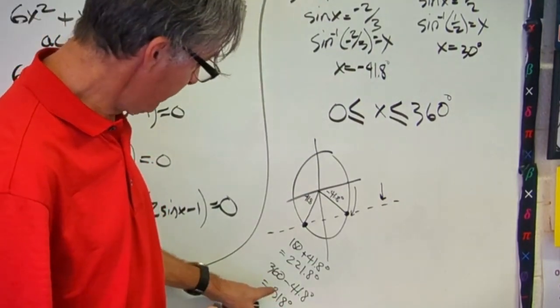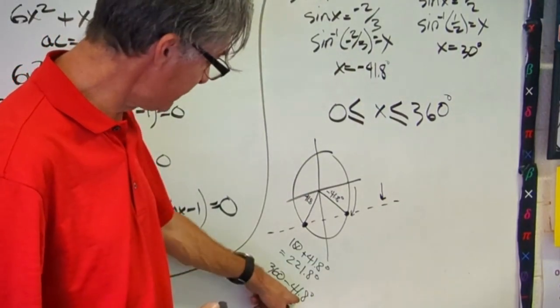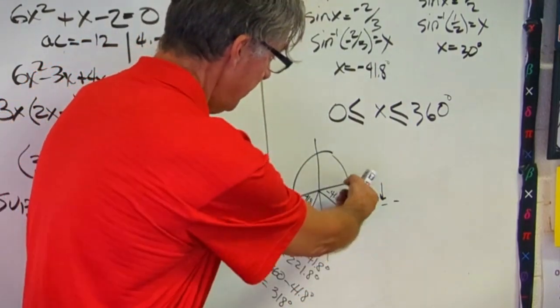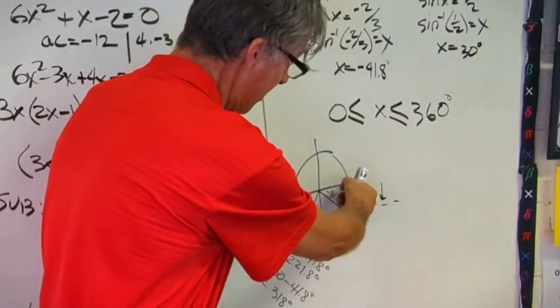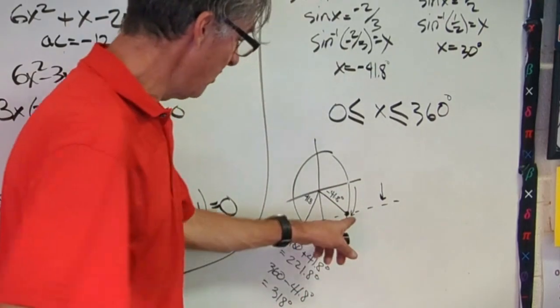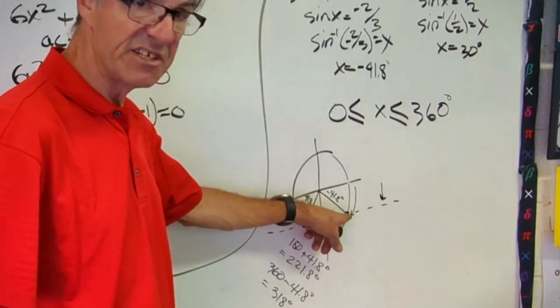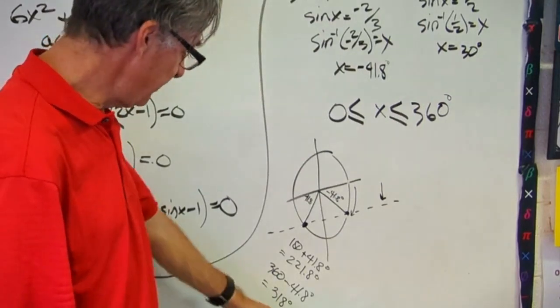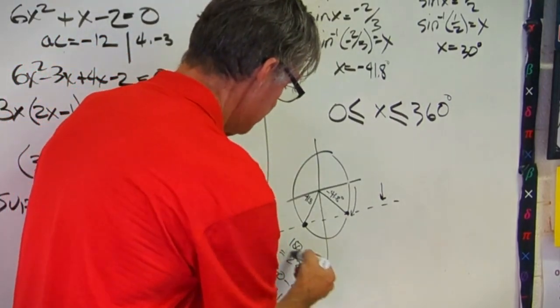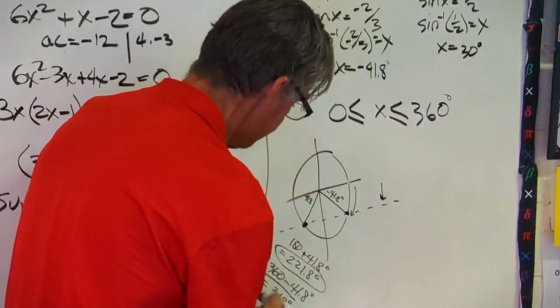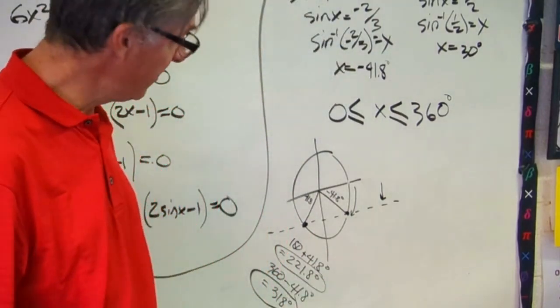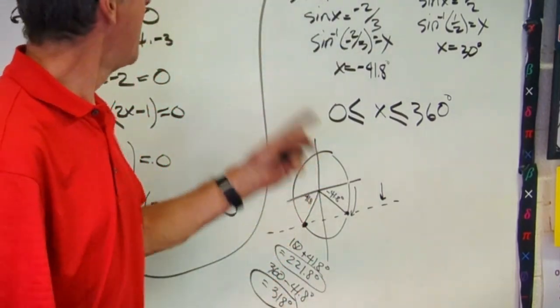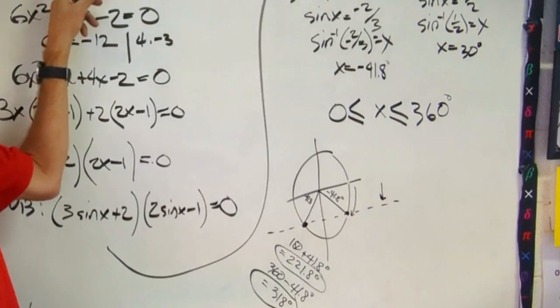So this one is going to be 360 minus 41.8, because if we go all the way around, we're going to go back 41.8 to get us at this level on the y level of the graph. So that gives us our two angles, 221.8 and 318. So those are two angles that satisfy our equation, our very beginning equation.